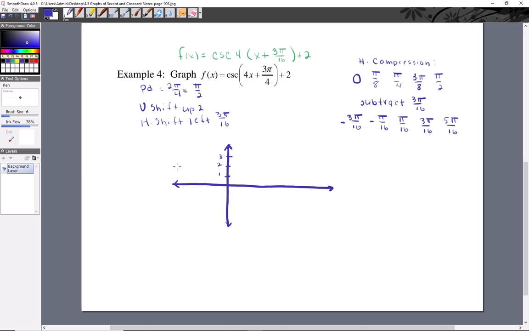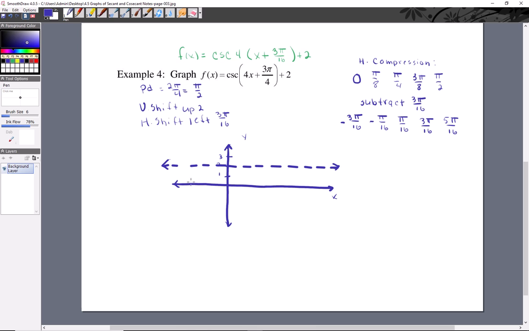And what I'm going to do here is draw a translated x-axis. Remember, this is x and this is y. So here is the translated x-axis. Now I am not going to label that as though it was a midline because it's not a midline. That's only for sine and cosine, but it'll help us to get the graphing part right.